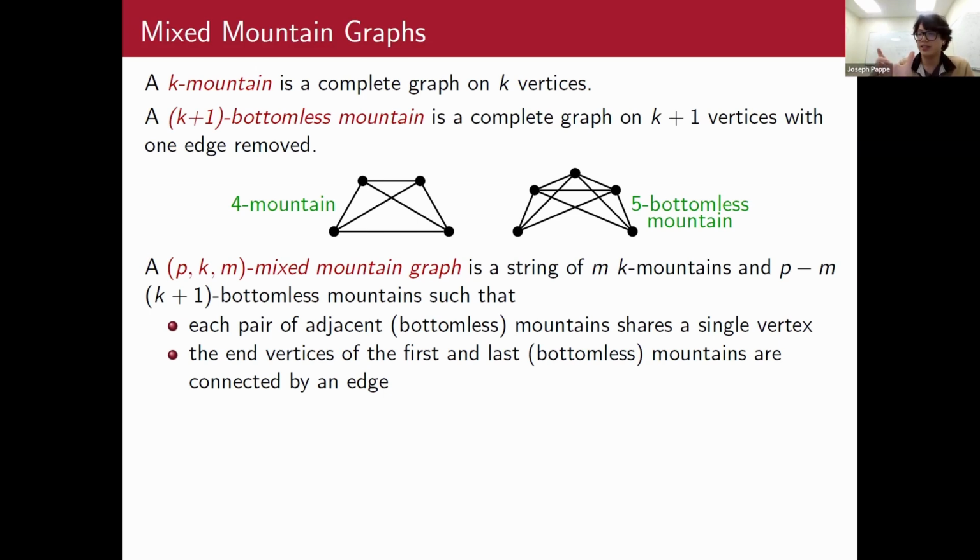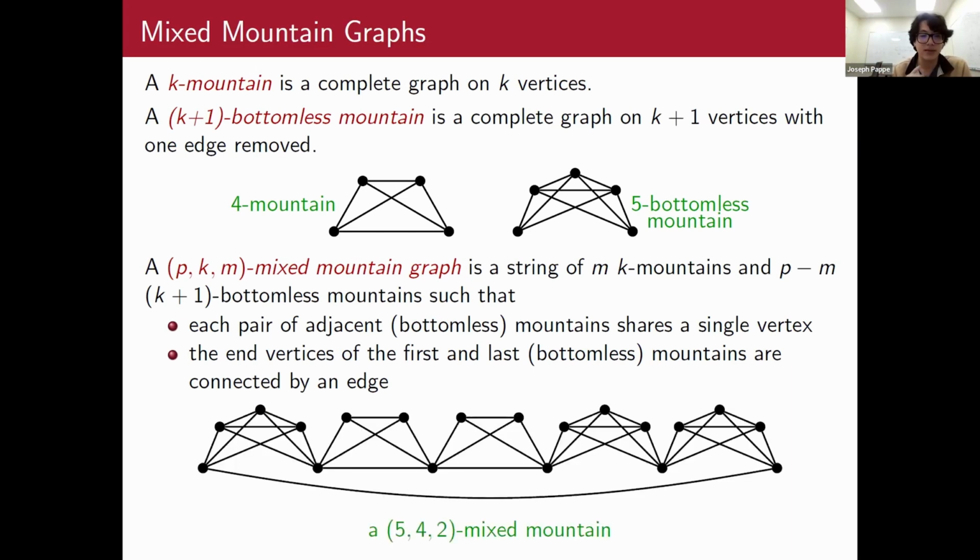And we're going to join adjacent mountains by a single vertex, and then we're going to join the first and last vertices of our mountains by an edge. Okay. So for instance, this is an example of a 5, 4, 2 mixed mountain graph. So it's 5 because we have 5 mountains. It's 4 because all of our mountains are either a K4 or a K5 with one edge removed. And then we have exactly 2 K4s in our graph.